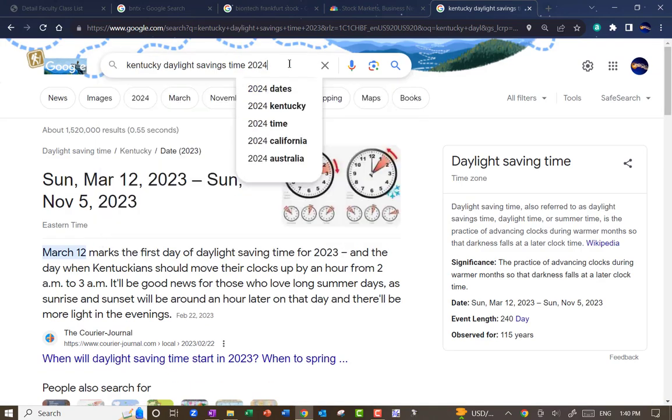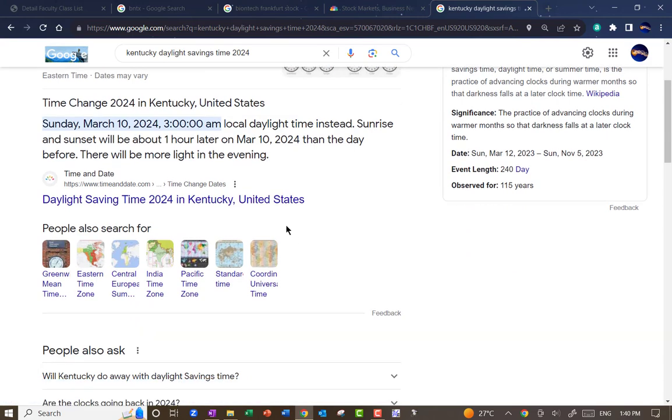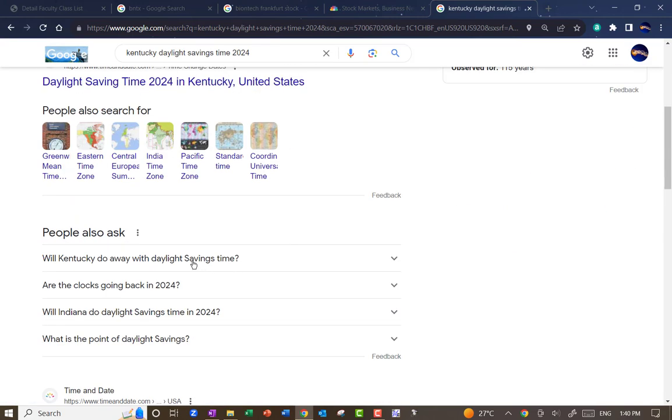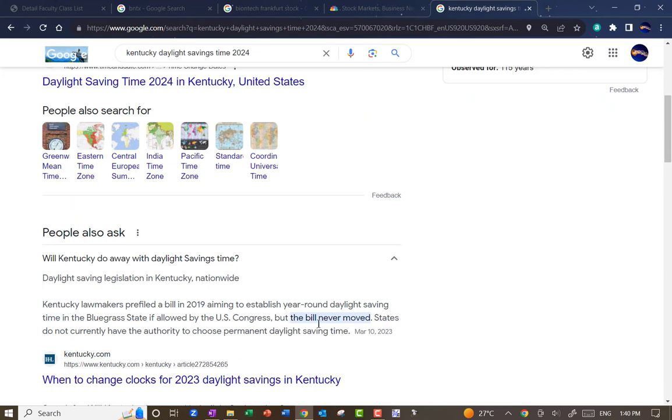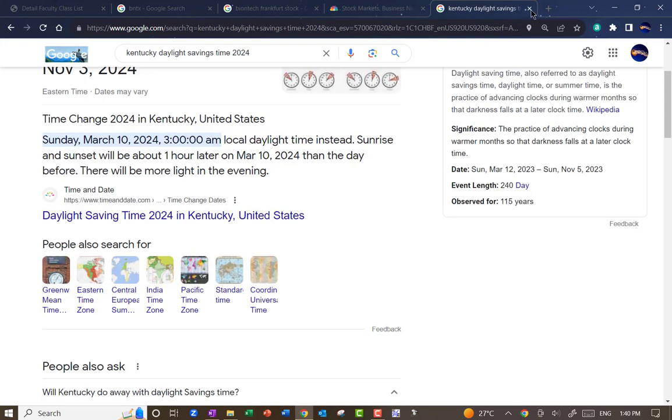Let's look at 24. Apparently, some people say states don't have the authority to choose it. Anyway.